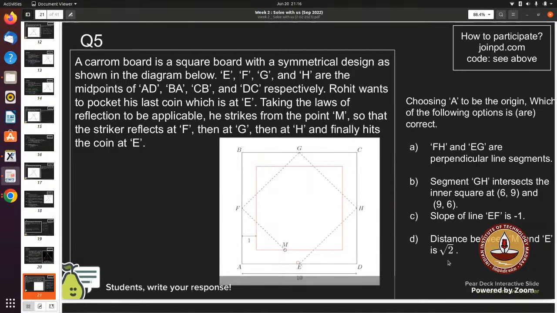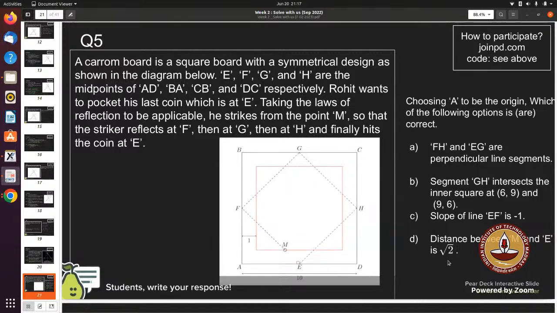First of all, can you tell me the coordinates of B, C, and D? This is easy, right? Coordinate of B is 0, 10. C is 10, 10, and D is 10, 0.